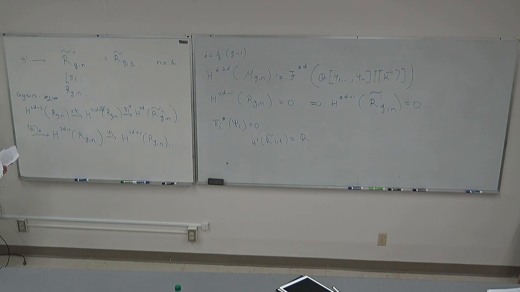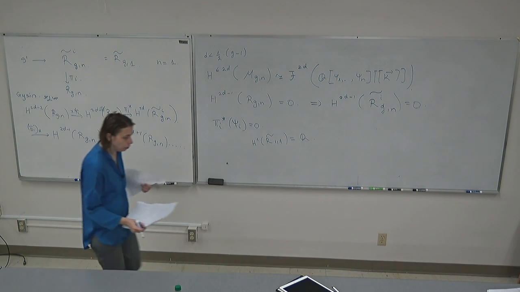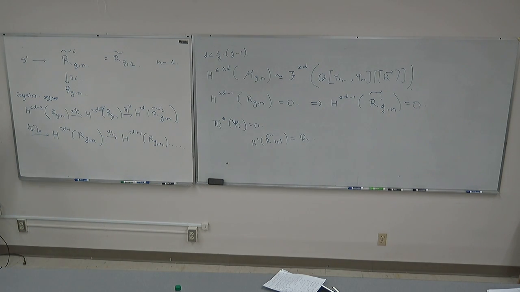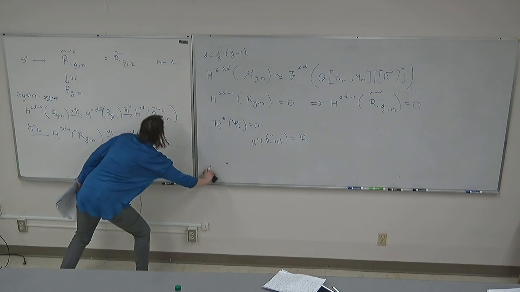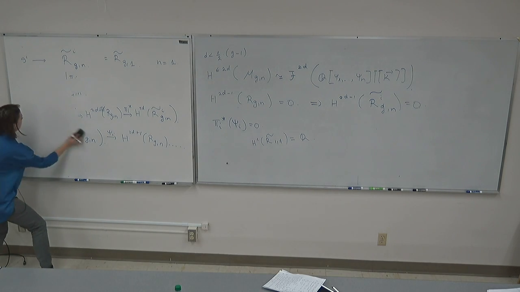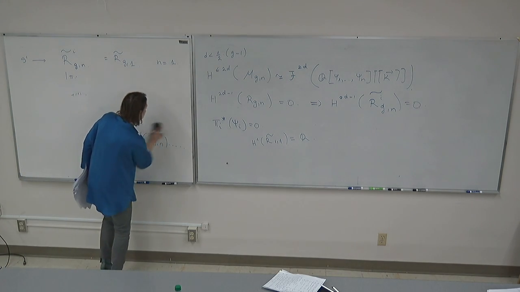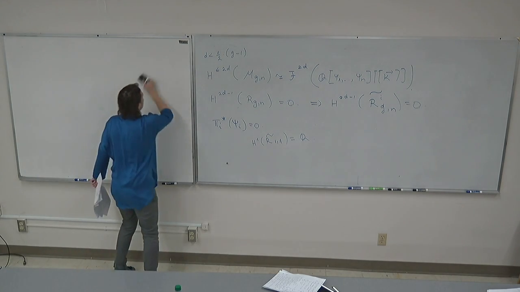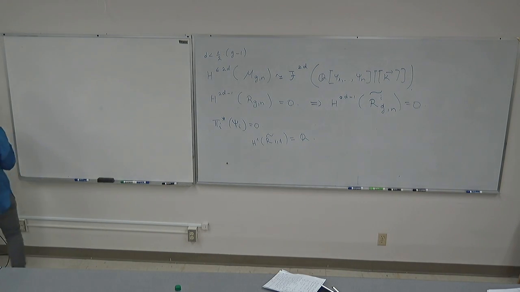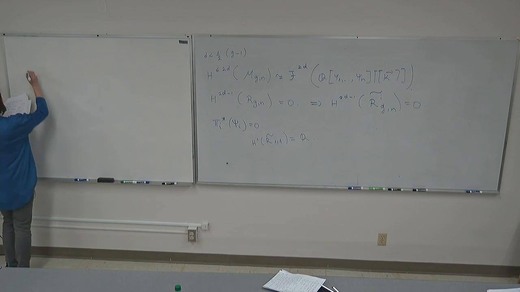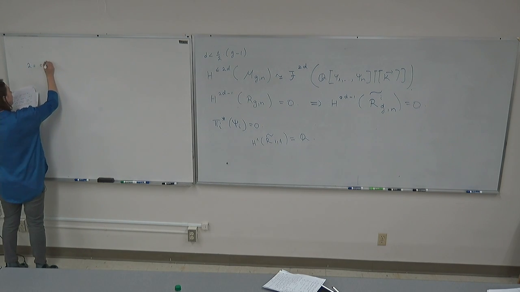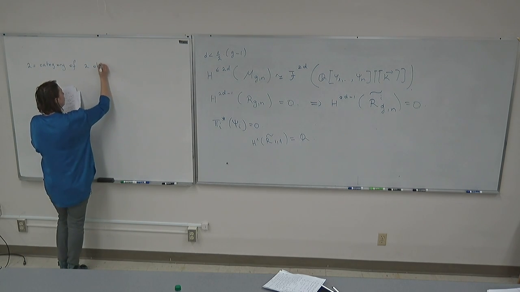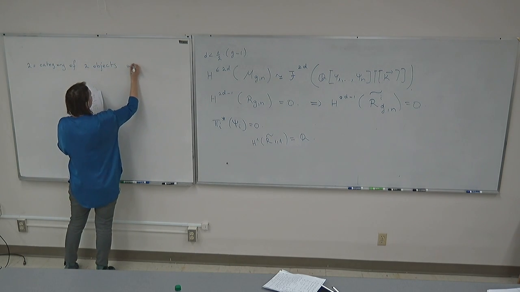Okay, now I want to introduce the cohomological behavior. So I want to introduce cohomological field theories on this combinatorial model. So I'm going to further denote 2 to be the category of 2 objects with one morphism.